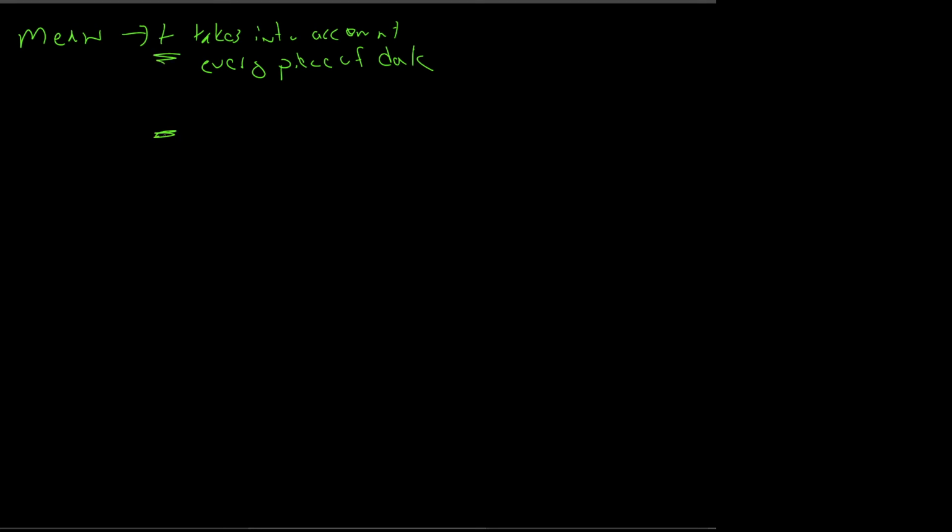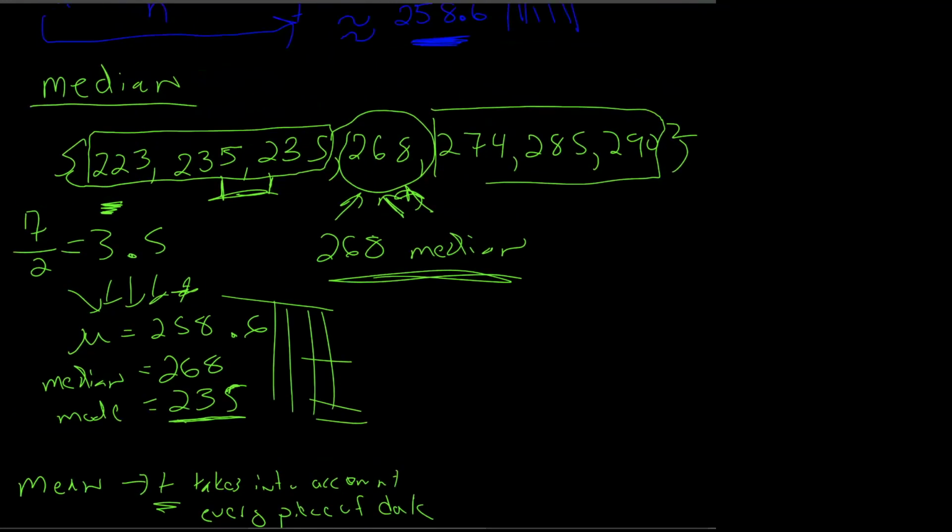Its disadvantage, or its negative, is if I have an outlier, some piece of data that's really far off, it can do what we call skew the mean. So for example, in those weights that I had before, come up here, and let's say this wasn't 223, but it was someone who was 174.